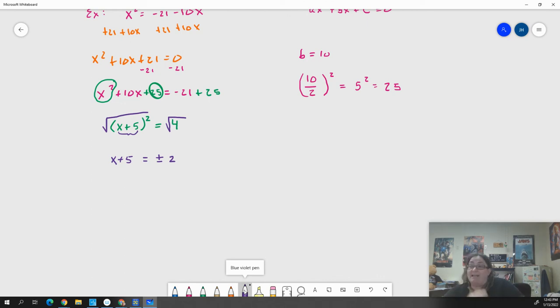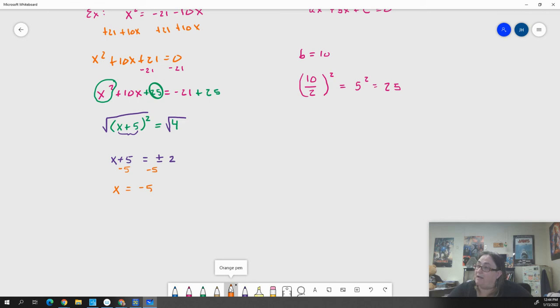And so the last thing I have to do now is figure out what x is by undoing what's being done to it. And the only thing being done to this x is it's got 5 being added to it. So I'm going to go ahead and subtract 5 from both sides. And I get x equals, well, think about this.